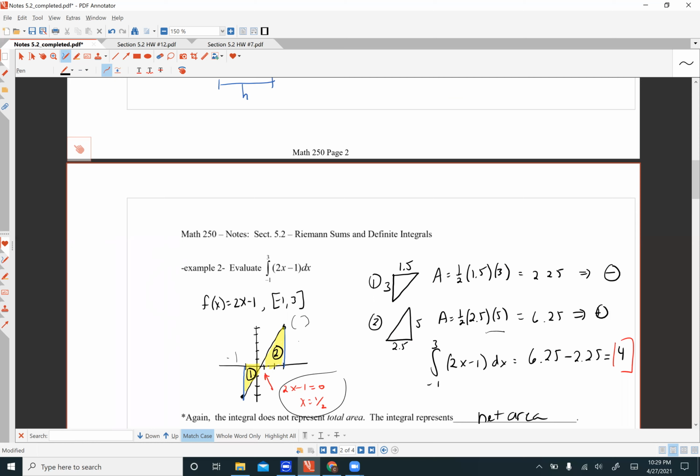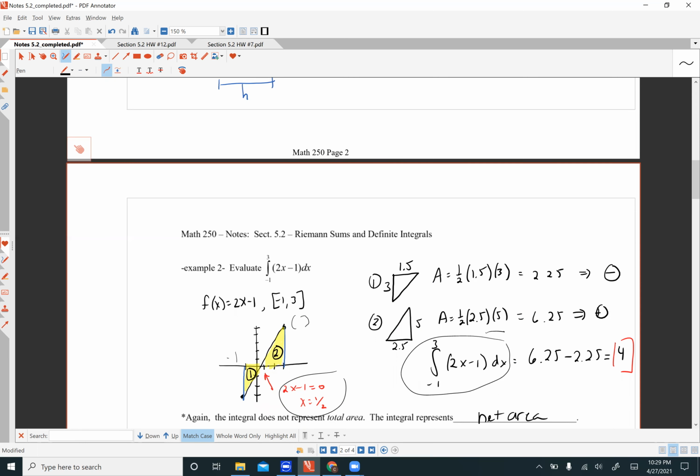So now this definite integral, the area bounded by the curve of 2x minus 1 and the x-axis, is the positive area minus the negative area. The positive area is the part above the x-axis, which is 6.25.